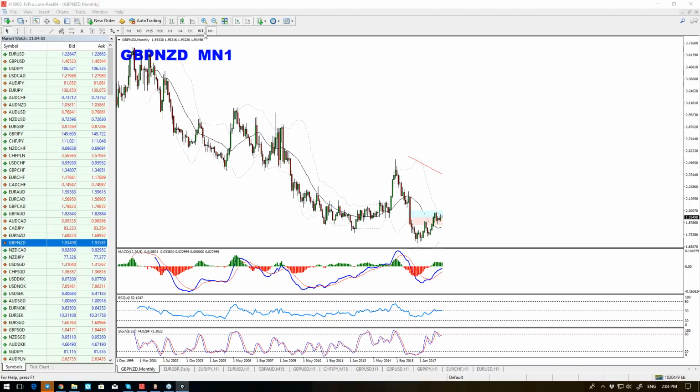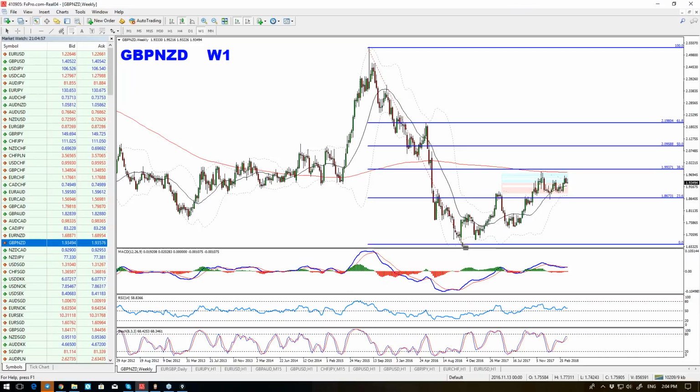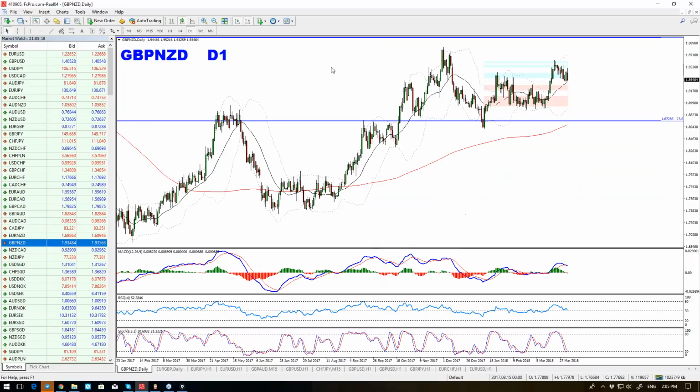For the short term, on the weekly, this pair has reached 38.2 and a triple ascending cycle with the bearish divergence, right? So after pullbacks, we would want to go and buy according to the very long term.